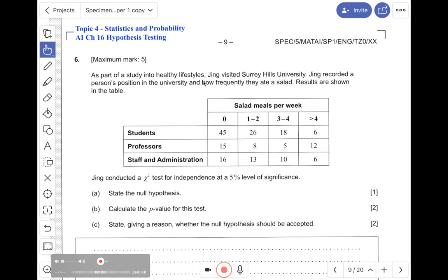And the other variable is how frequently they ate salad. So this is statistics and probability, hypothesis testing. We want to see if these two variables are related, dependent, or independent, because we're going to do the chi-squared test for independence at a 5% level of significance.